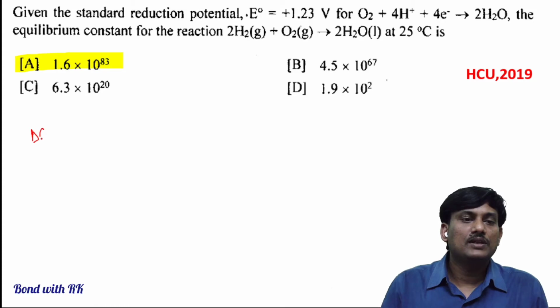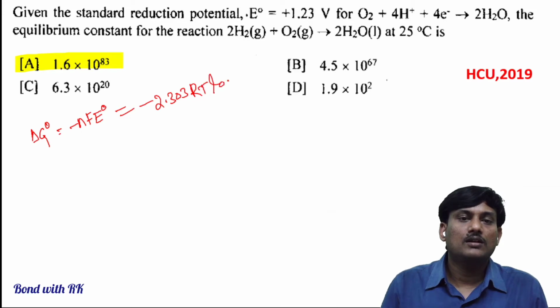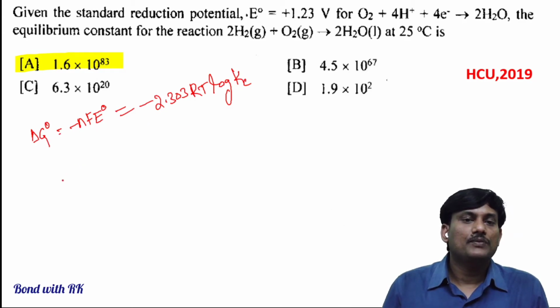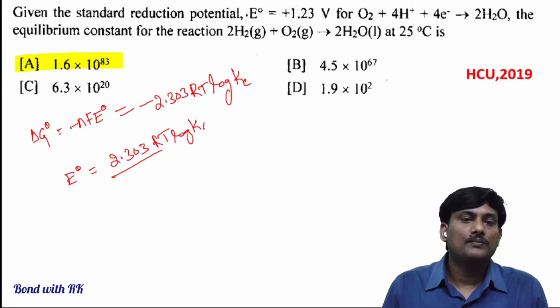We know the relation delta G0 is equal to minus nFE0, and delta G0 is equal to minus 2.303 RT log K. So when you compare these two equations, you will get E0 is equal to 2.303 RT log Kc by nF.